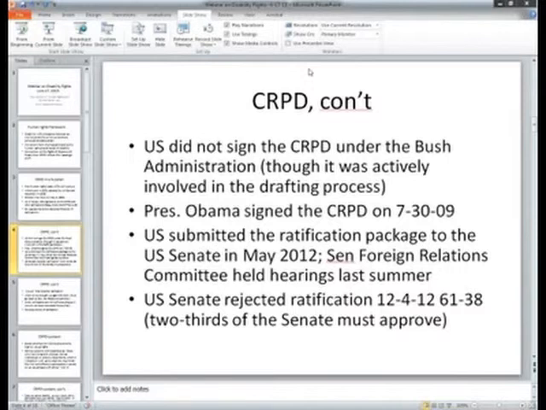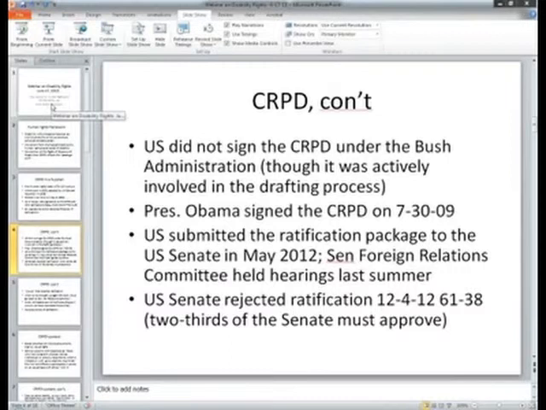And then the second argument, inconsistent with it actually, was that the U.S. doesn't sign any convention until it knows it's actually complying with every provision, and since we couldn't say that yet, we therefore shouldn't be signing. Now, again, if that were the standard, I don't think any country would sign the CRPD or any treaty, really. And as I said, there was a sort of internal inconsistency with that argument.